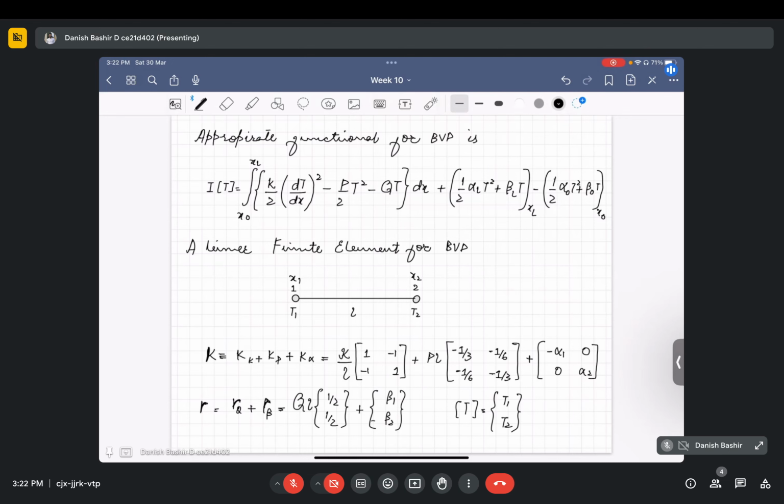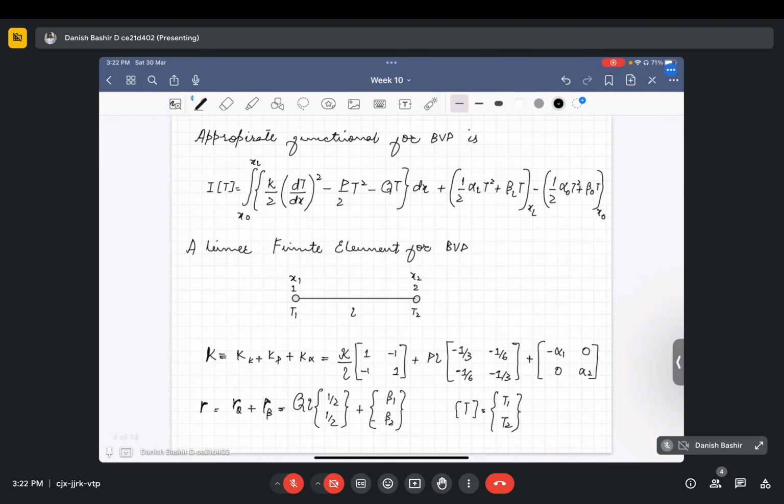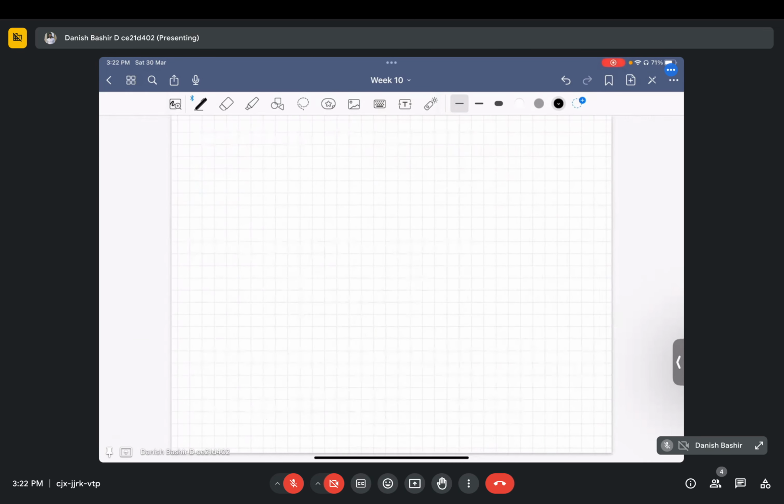Now we can use the same formulation in different applications. We will be using this formulation with different applications to solve our problems. So if we go to the fluid flow problem, we see how fluid flow happens, for example between two parallel plates.